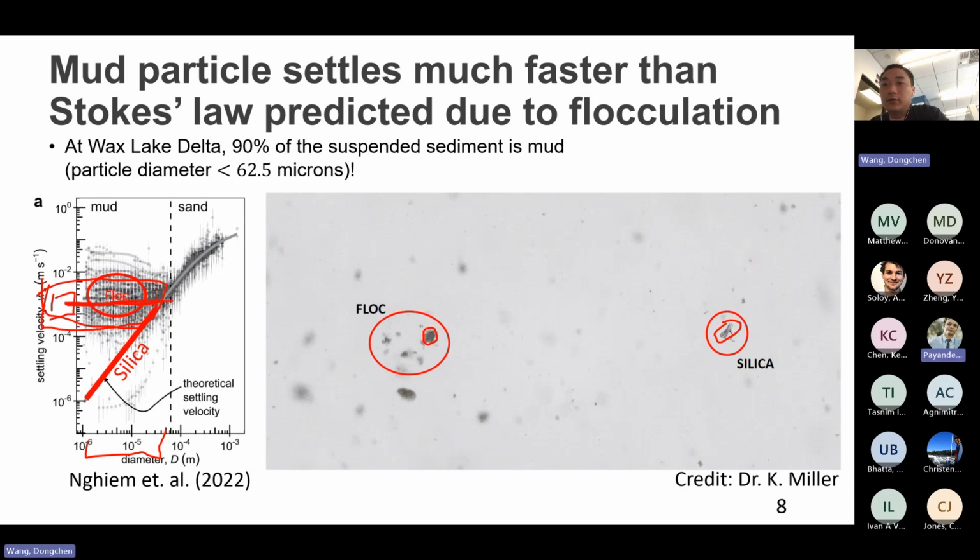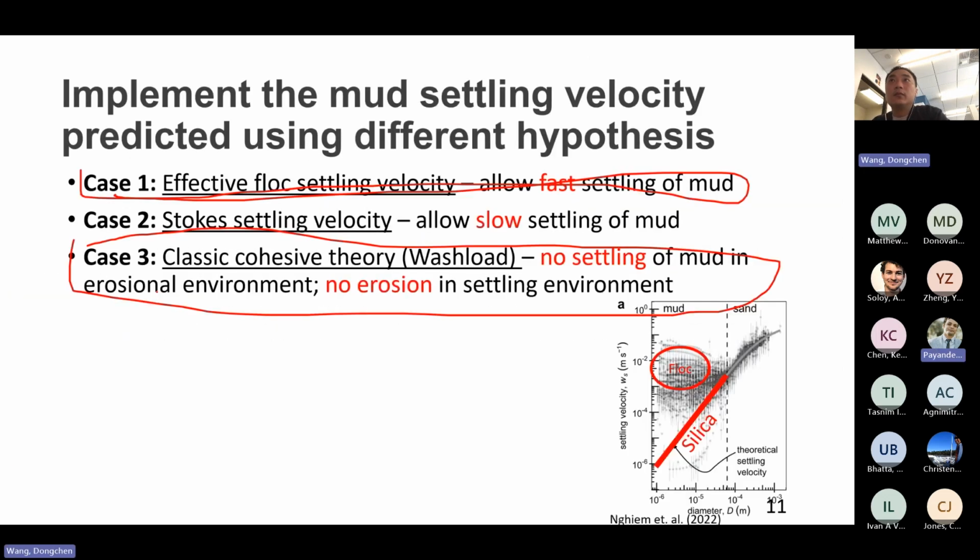So does it mean, Dongchen, that in case 1 and case 2, we don't have any control on the erodibility of the model? No, it's not like you don't have any control. You can still calibrate the settling velocity, of course. But in case 1 and case 2, you have a recommended settling velocity that might work already. In case 3, the classic theory, it's more like you're shooting in the dark.